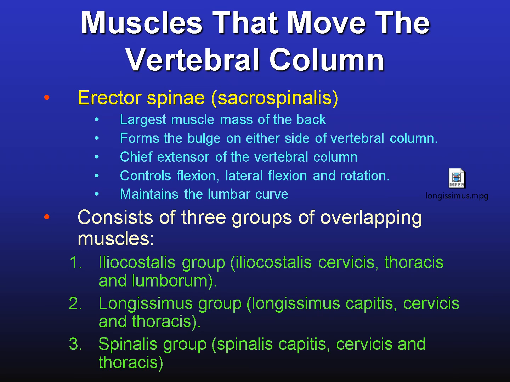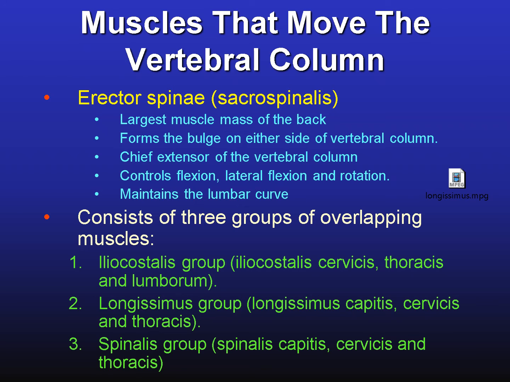It is a thick column of muscle that extends from the sacrum to the skull and is comprised of many muscles of varying length. Each individual muscle works like a thin rope that when pulled causes one or several vertebrae to extend or to rotate on the vertebrae below. Because the origins and insertions of the muscle groups overlap, entire regions of the vertebral column can be moved simultaneously and smoothly.